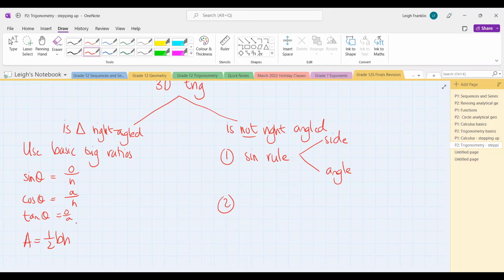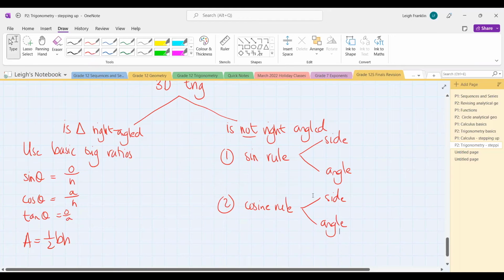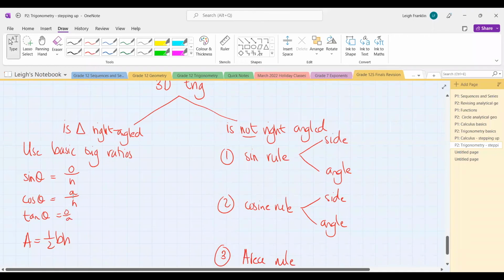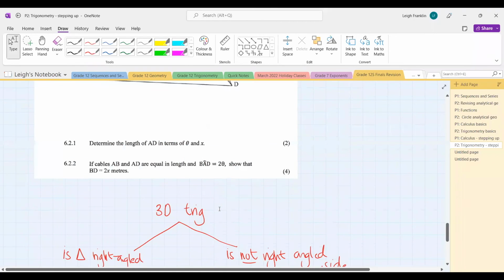Or we would use the cosine rule. And again, we can either calculate a side or an angle, depending on what information they gave us and what they were asking us to do. And if they asked us to calculate the area of the triangle and it was not right angled, then we would use the area rule. Now the cosine rule, the area rule, and the sine rule, as you well know, are on your formula sheets. All you've got to be able to do is sub into them.